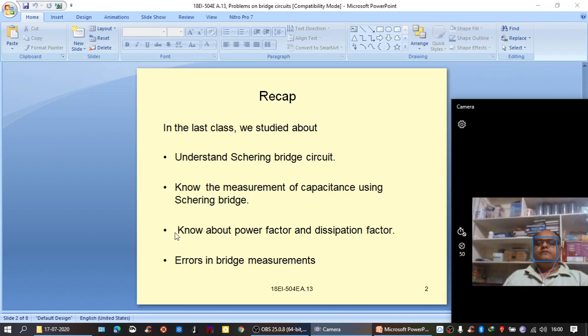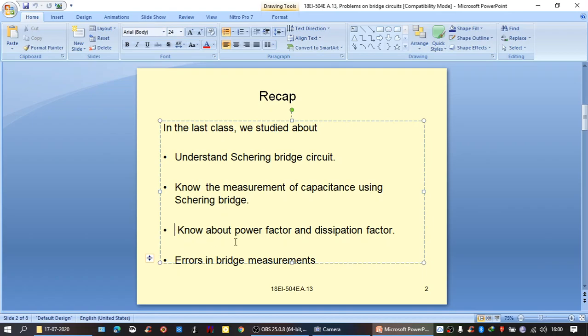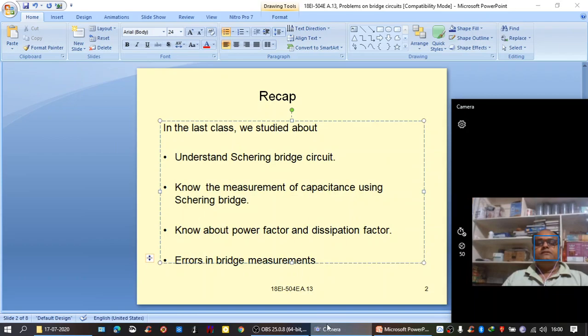And then we have seen what is the dissipation factor and what is the power factor for a capacitor. And then we have seen what are the different types of errors that may occur in bridge measurements and how they can be compensated.